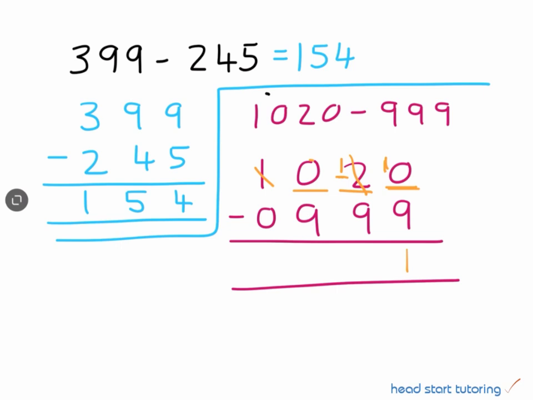So we borrow 1 from our thousands column, and the thousands column is going to now have 0. So there's nothing in the thousands column anymore because we've taken that over to our hundreds column. So we now see that we have 10 there, and we can now borrow from the 10, and we are left with 9.